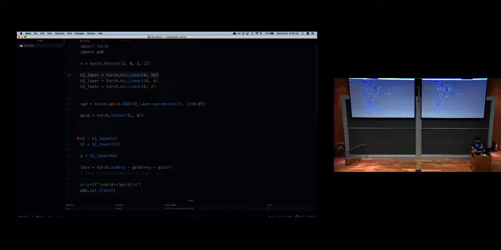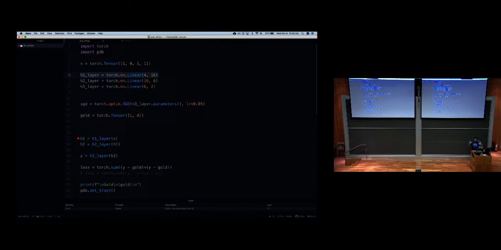Then I make one hidden layer, which goes from 4 elements to 16 elements. How many parameters are there in this linear layer or this hidden layer? You said 16?